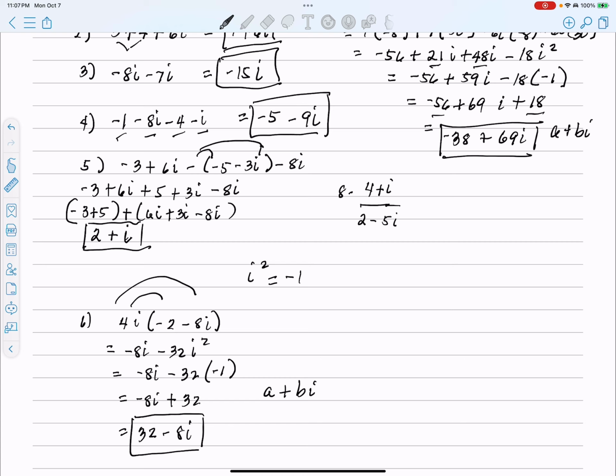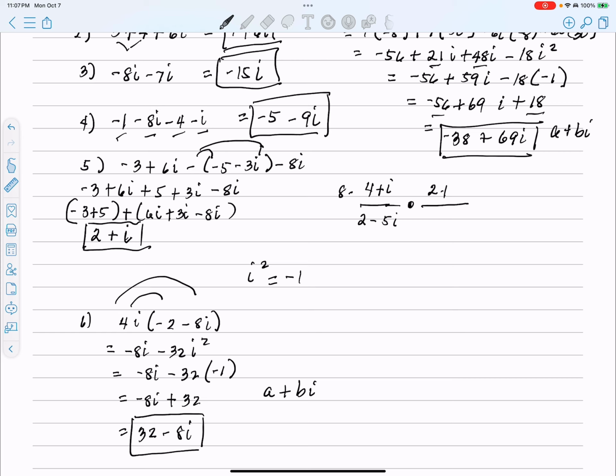Now, how do we rationalize? By multiplying, since you have 4 plus i divided by 2 minus 5i, we multiply the numerator and the denominator by the same binomial of your denominator. So 2 minus 5i, but the sign is changed.